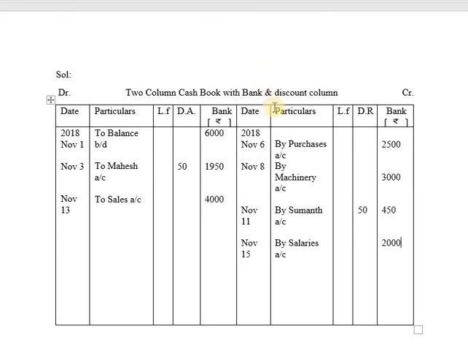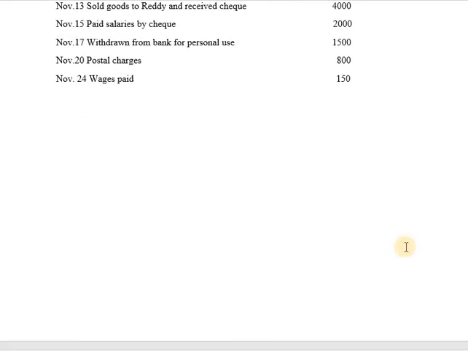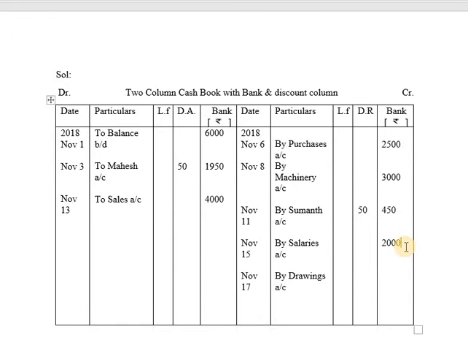So here you will be writing it as November 17 by drawings, because the owner is withdrawing money from the business for his personal work, it will be termed as drawings. So he is withdrawing an amount of rupees 1500. So 1500 will be recorded as amount in bank column.